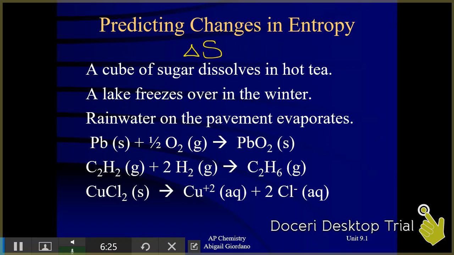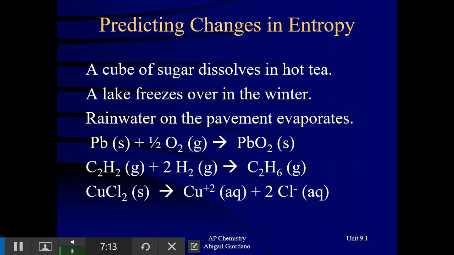So for each process, you want to ask yourself, is the disorder increasing or decreasing? Are things becoming more chaotic? If that is the case, then delta S will be positive. Whereas if in the process things are becoming more organized, then delta S will be negative. Some of these are just simple phase changes. Others are chemical reactions. So we're just going to talk through these together.